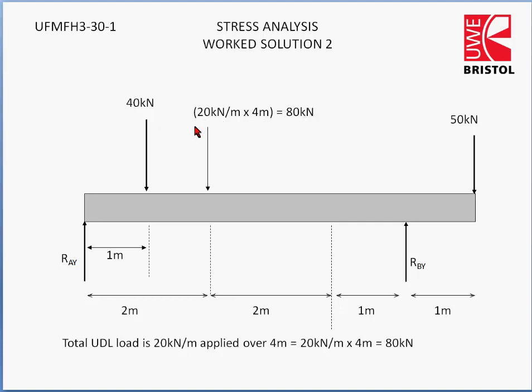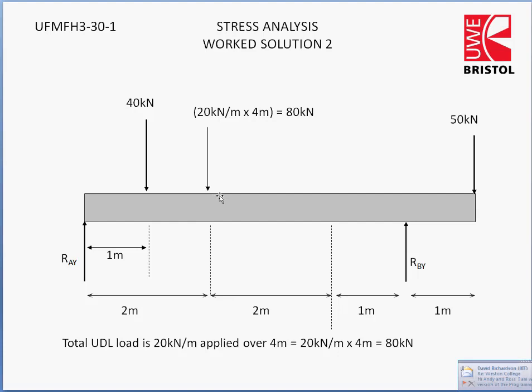I haven't seen many people get the actual total load of the UDL incorrect, and most people get that. So all we have to do there is take our UDL, in this particular case in kilonewtons per meter, and multiply it by its width, which is a total width of 4 meters.